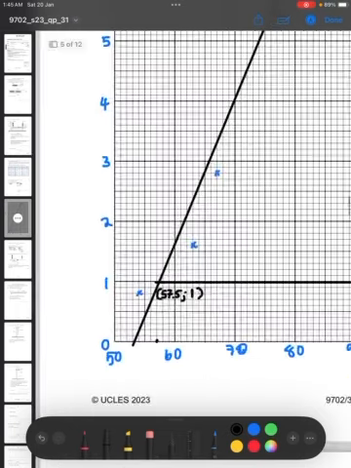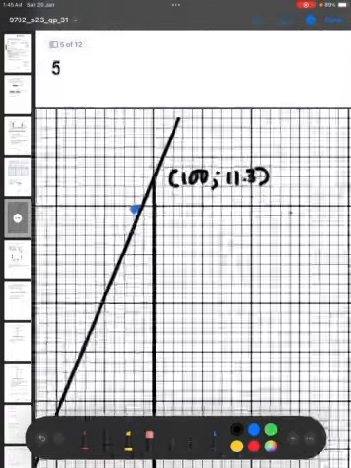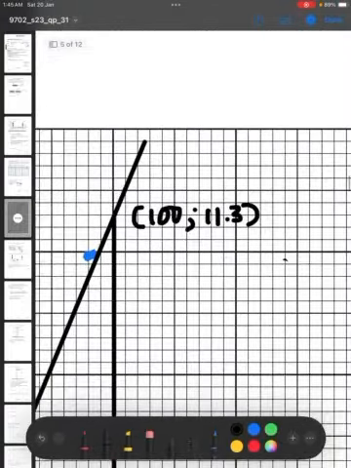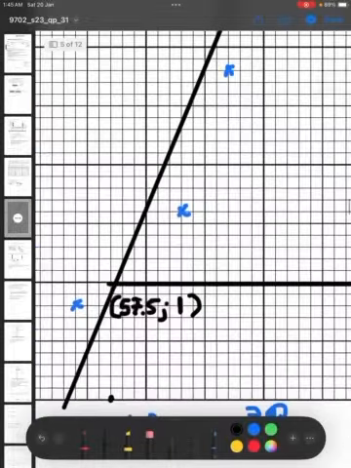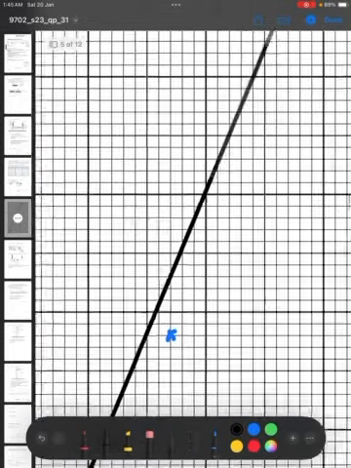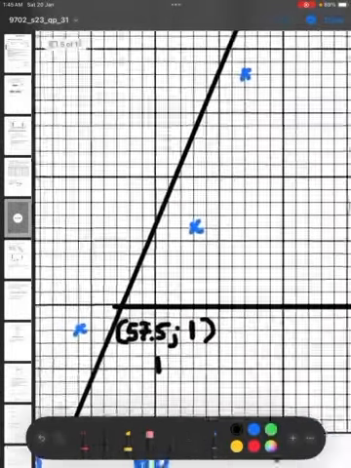Okay, so now we have to choose which ones do you want to call coordinate 1 and coordinate 2. For example, I'm going to call these ones coordinate 2. I'm going to call these ones coordinate 1. Now, having done that, I'll come here and write coordinates 1. Coordinates 1 is 57.5 and 1.